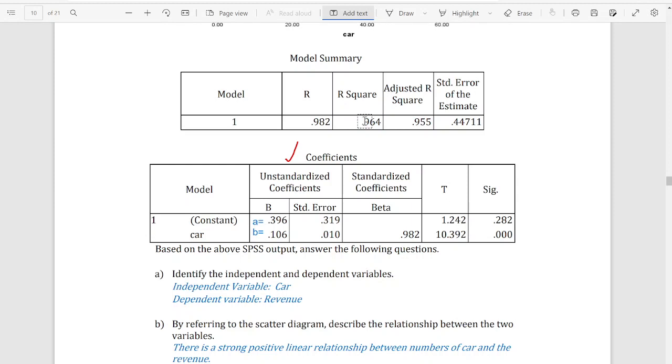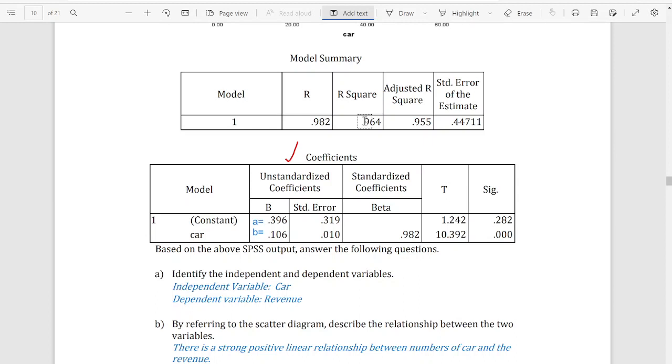So what does the coefficient of determination measure? The coefficient of determination measures the variation in y, the dependent variable, that can be explained by the variation in the independent variable. The higher the value of R squared, the more accurate the prediction will be.